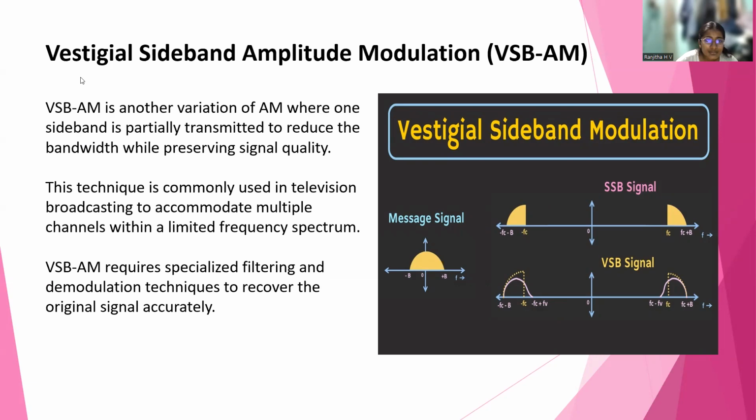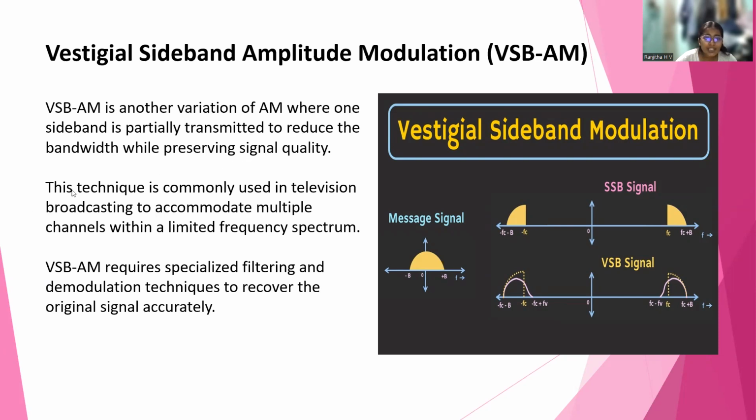Vestigial sideband amplitude modulation. The VSB AM is another variation of amplitude modulation where one sideband is partially transmitted, which reduces the bandwidth while preserving the signal quality.